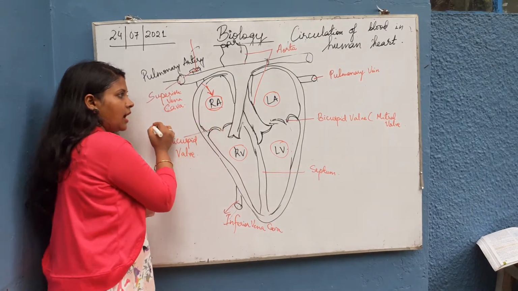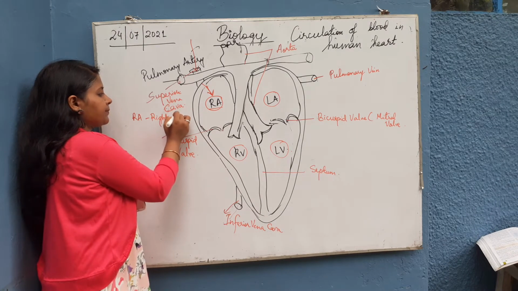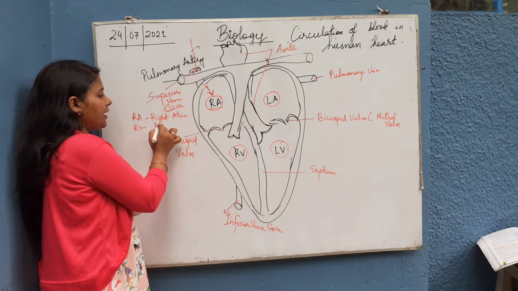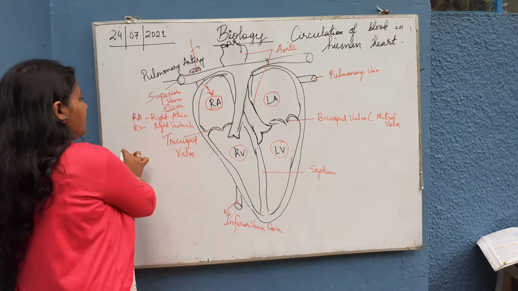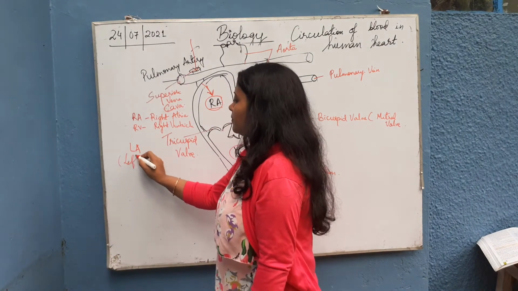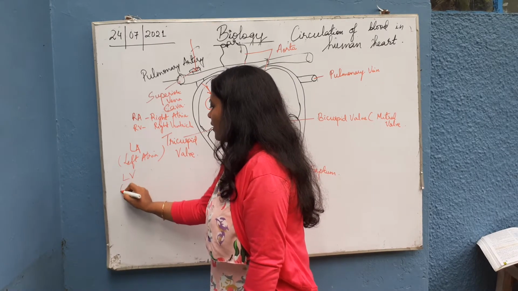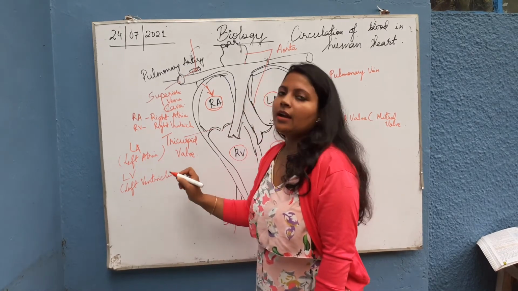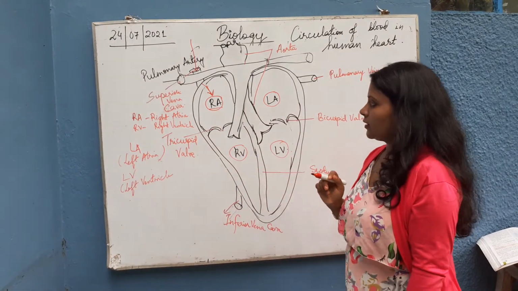So this is RA, the full form, that is right atria, and RV means right ventricle, and left atria, that is LA, we call left atria, then left ventricle, and atria is also called auricle. Another scientific name is auricle.